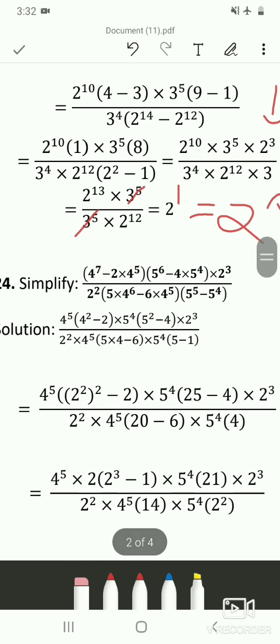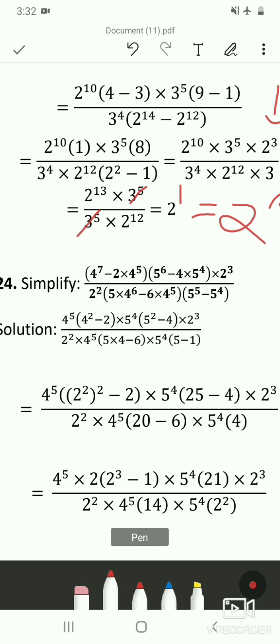So the next problem: here the problem looks big but the solution is very simple. 4 raised to 7 minus 2 into 4 raised to 5 into 5 raised to 6 minus 4 into 5 raised to 4 into 2 cube, whole divided by 2 square into 5 into 4 raised to 6 minus 6 into 4 raised to 5 into 5 raised to 5 minus 5 raised to 4.